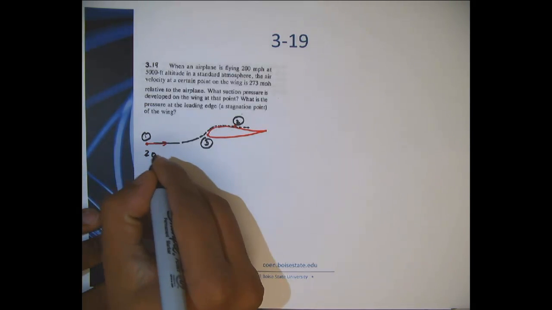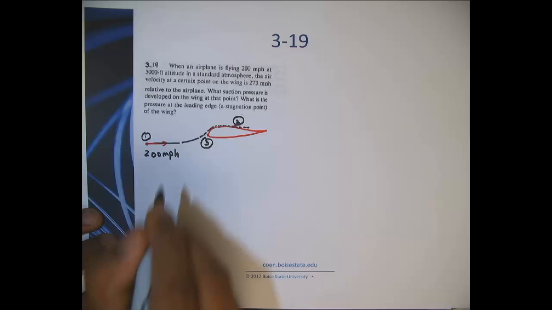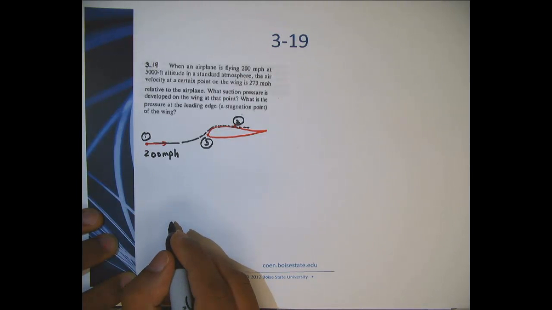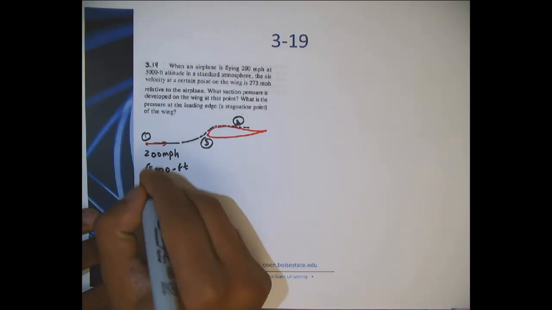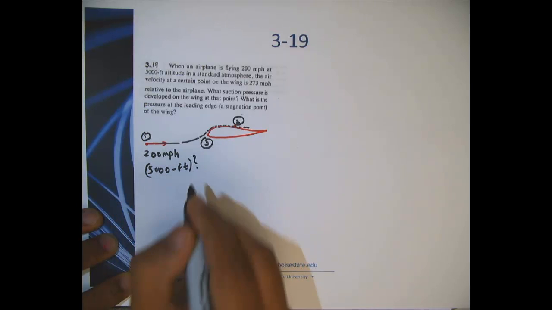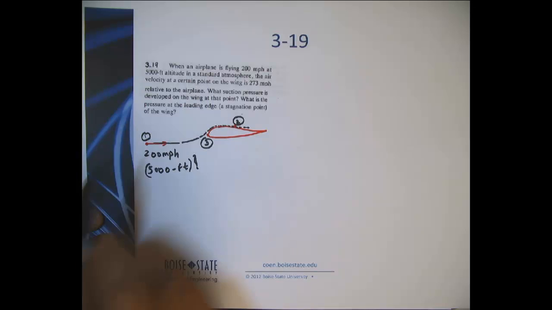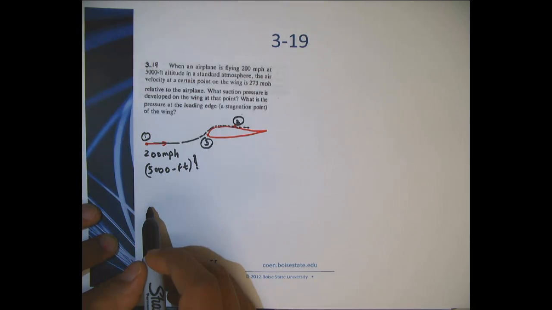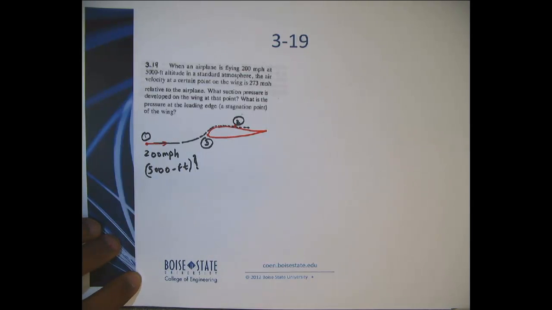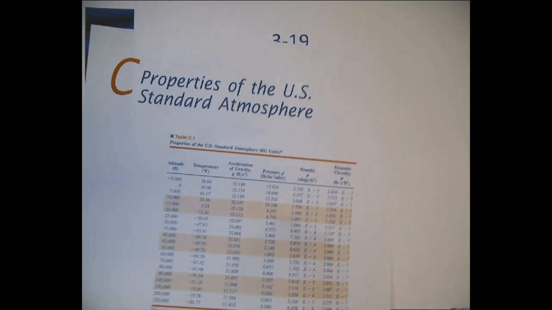We know that air is flowing at a velocity of 200 miles per hour and the elevation is 5,000 feet. This is very important because we need the correct density of air at this altitude, which we can determine from table C1.